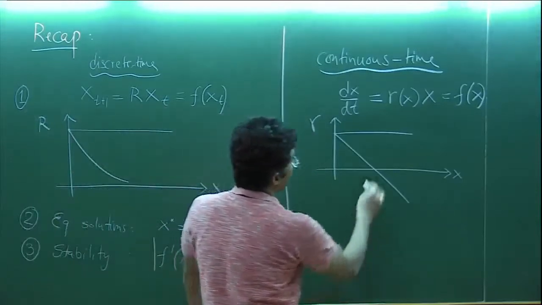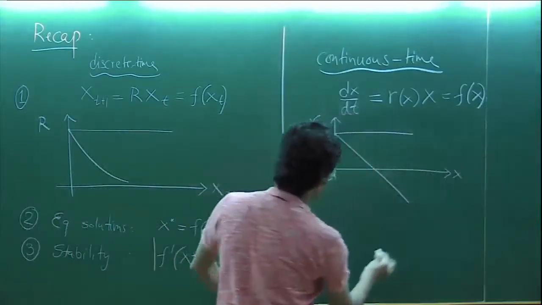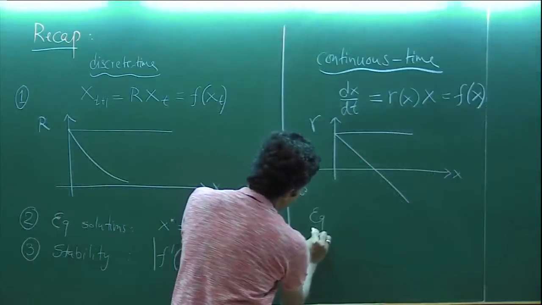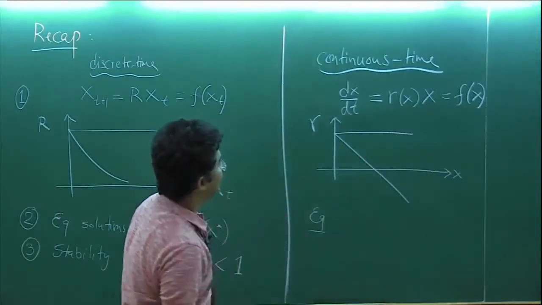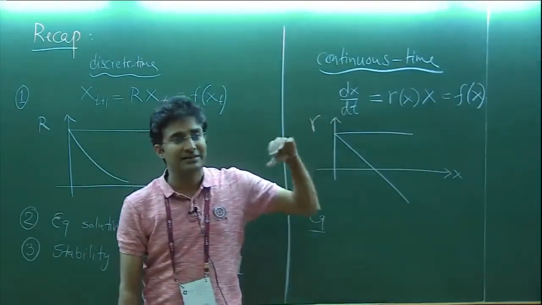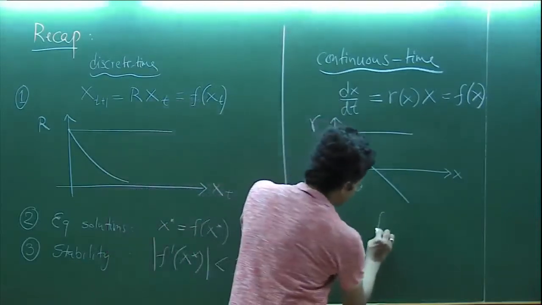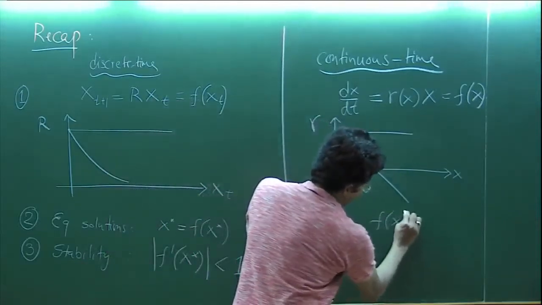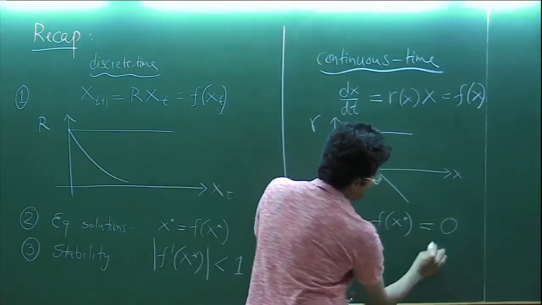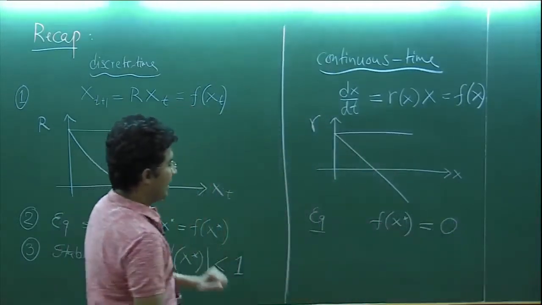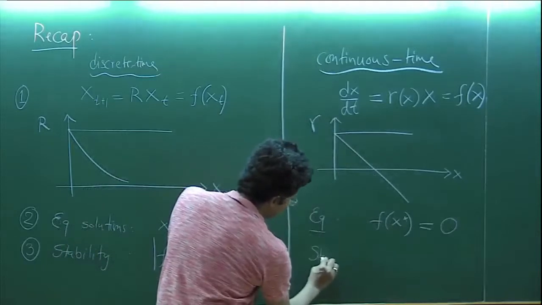Now let's say we have this general equation. Again, you can define an equilibrium. Here the equilibrium corresponds to the populations not changing over time, which means dx/dt is equal to 0, which you find by setting f of x to 0. And secondly, how do you find stability?